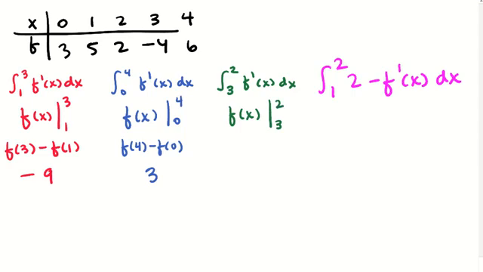And we're going to plug in 3 and 2. So this is f of 2 minus f of 3. But then notice that f of 2 minus f of 3 is the negative of f of 3 minus f of 2. So you can see that if you reverse the bounds of integration, once you get that antiderivative, you're going to end up with the opposite difference. So you'll just have the negative of what you would otherwise. So f of 2 minus f of 3 is going to be 2 minus negative 4, which is negative 6.